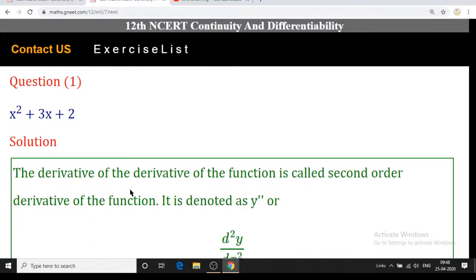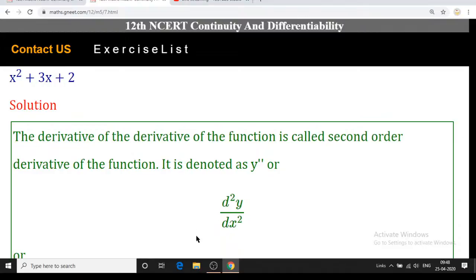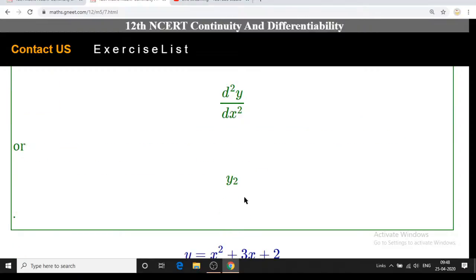The derivative of the first derivative of the function is called the second order derivative, and it is denoted by y double dash or d2y by dx square or by y2.